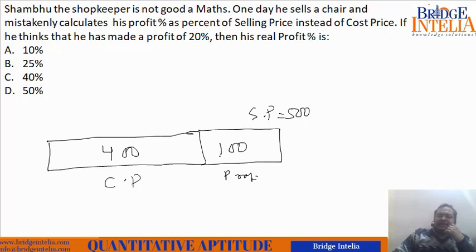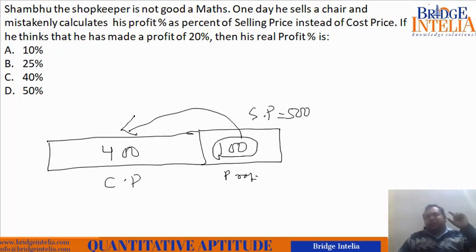So he will say that I have earned rupees 100, and he will compare it with his investment. The profit or loss, when you try to express it in percentage, you have to compare it with your original investment. So if somebody asks you what is your profit percentage, you have to compare this 100 with 400.